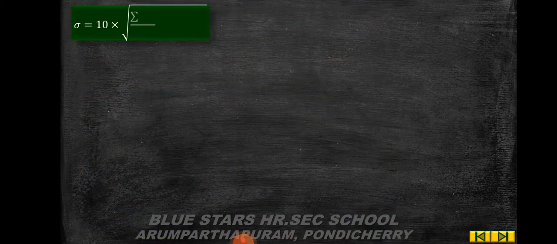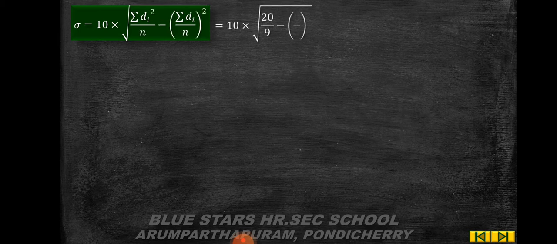Sigma is equal to 10 into root of summation di square by n minus summation di by n the whole square, which is equal to 10 into root of 20 by 9 minus 0 by 9 the whole square, which is equal to 10 into root of 20 by 9 minus 0, which is equal to 10 into root of 20 by 9.